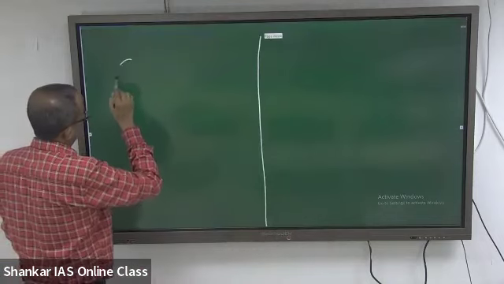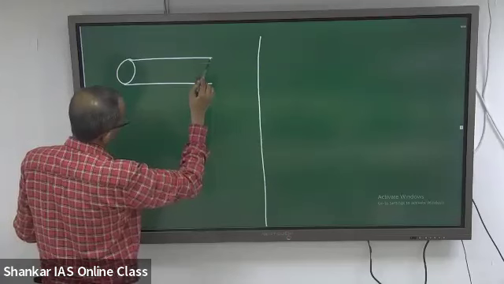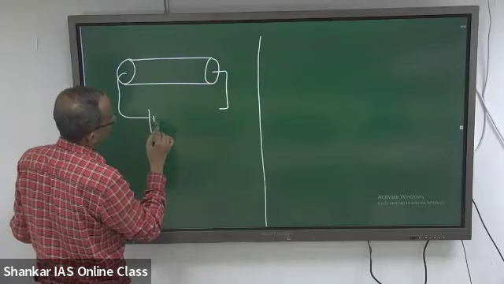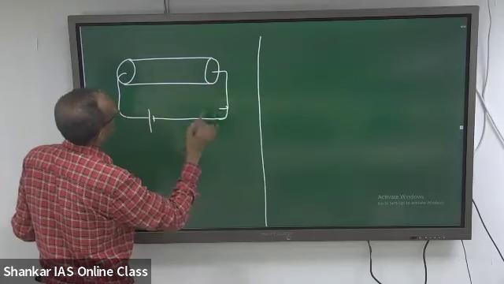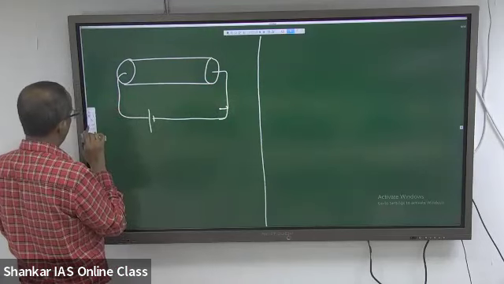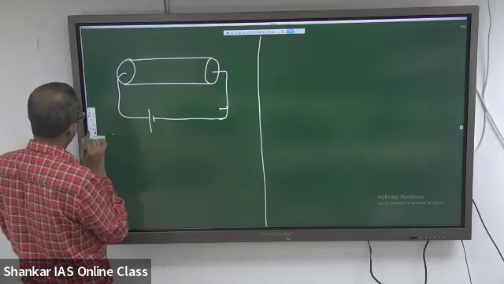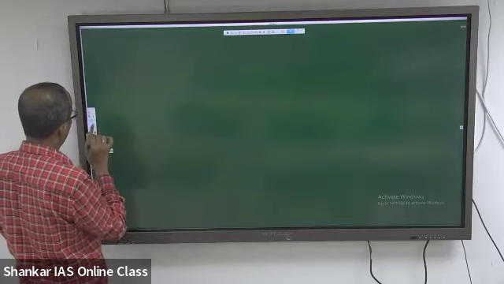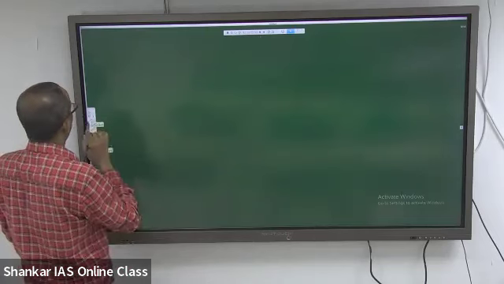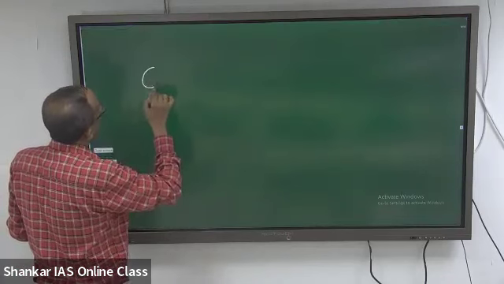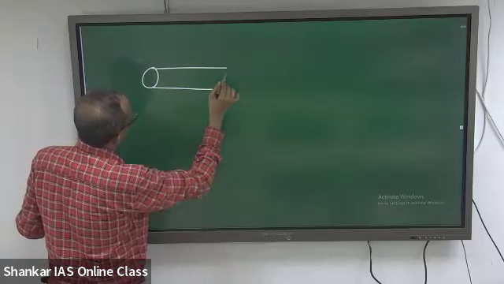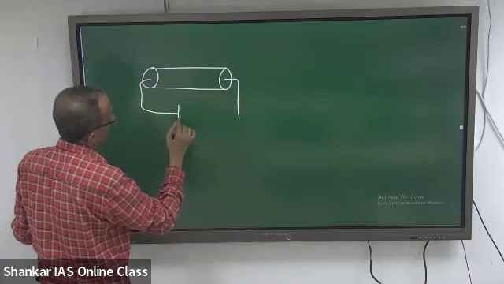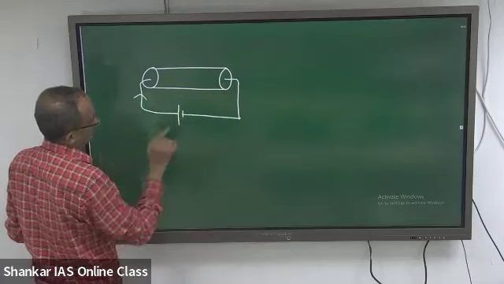We are considering a conductor of length L. Field is applied in this direction.